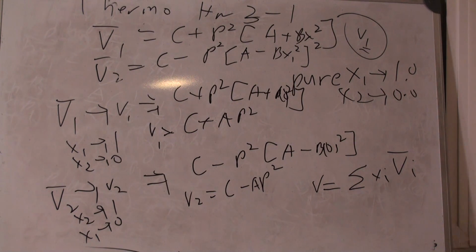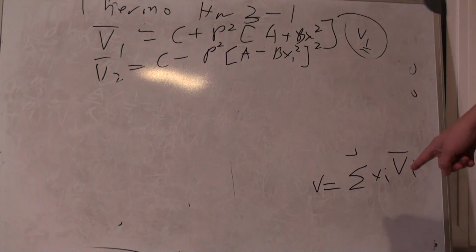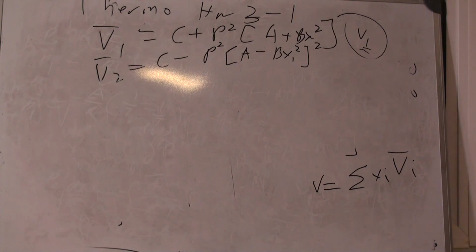Okay. And so, what does that all look like? Well, I got this formula. Do I have partial molar V1? Yeah. Do I have partial molar V2? Yeah. Do I have X1 and X2? Well, I want it in generics, so essentially yes.